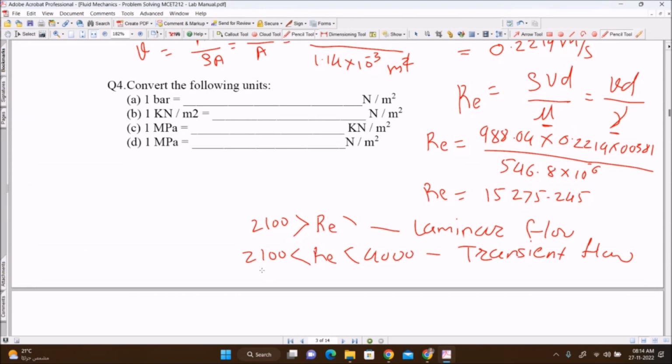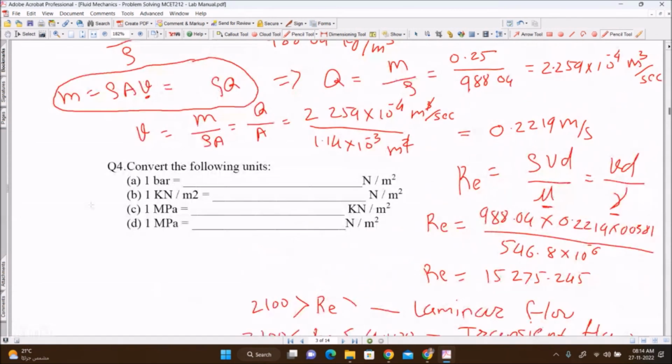And if the Reynolds number is greater than 4000, it is called turbulent flow. So the type of flow is turbulent flow.